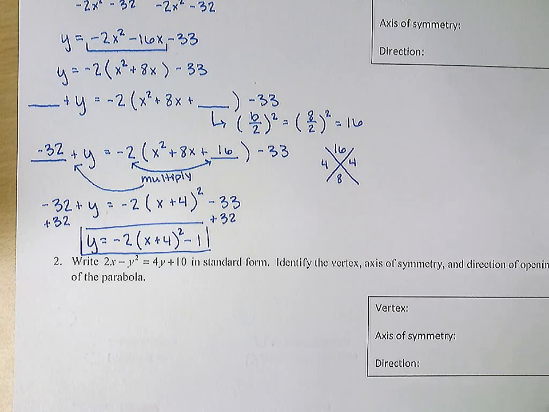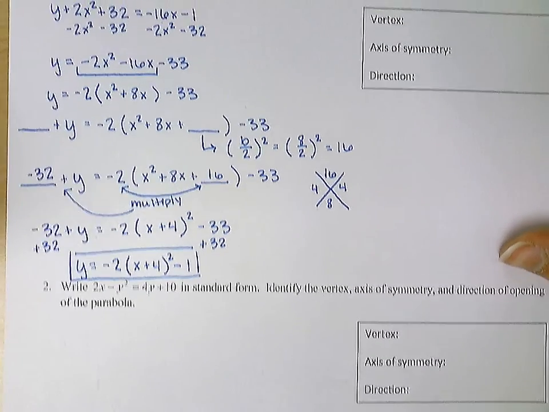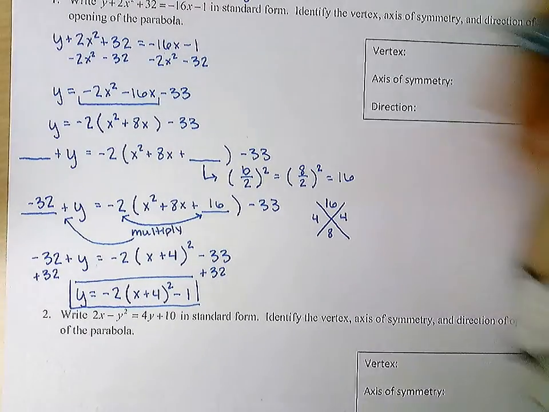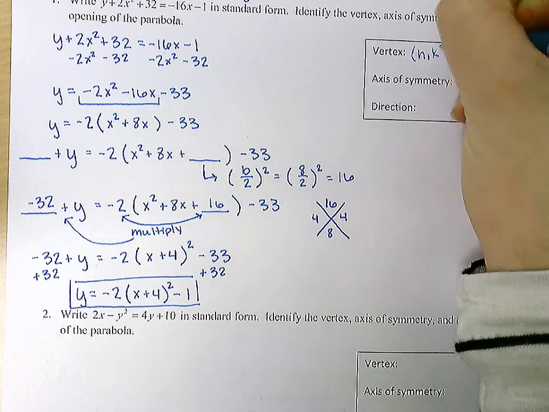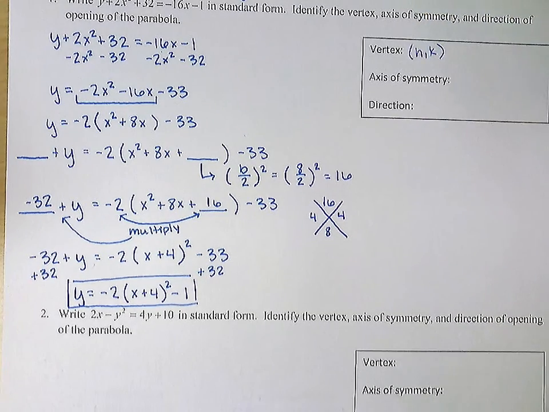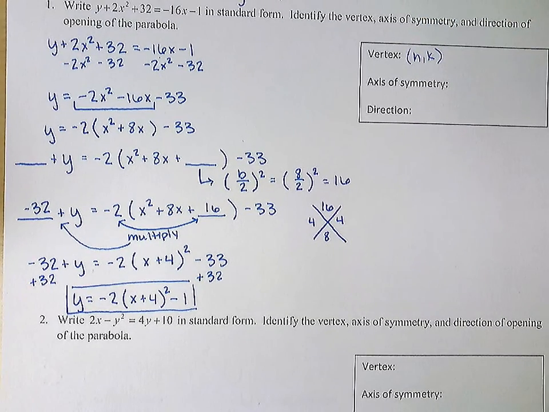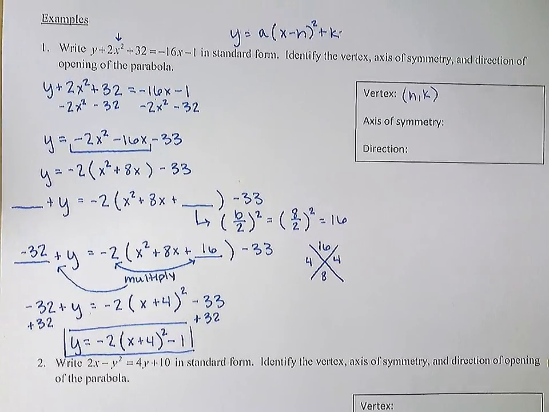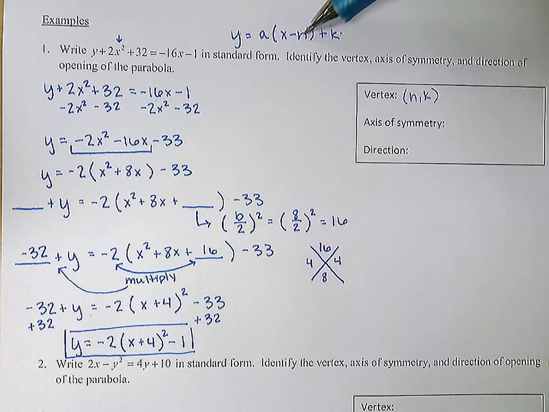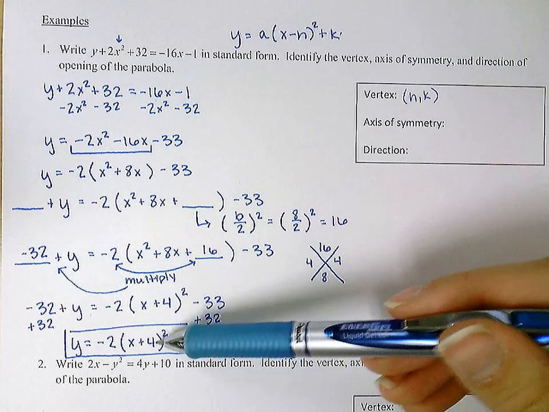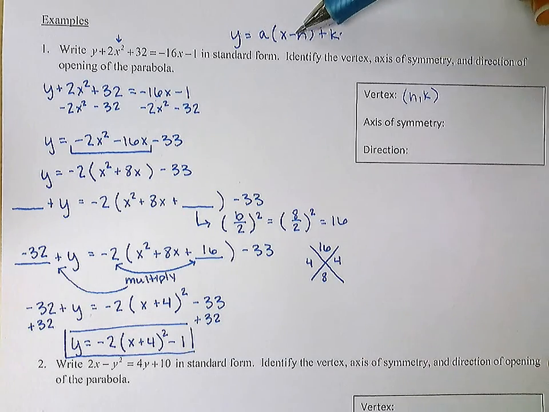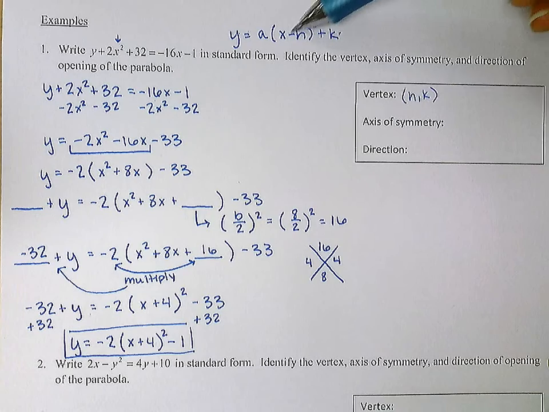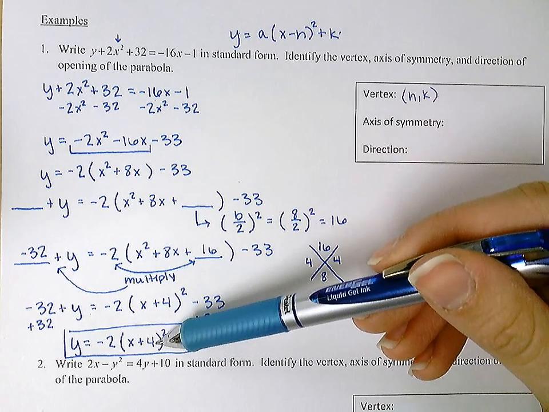Your vertex for this parabola is at (h, k). I'm going to move it down just a little bit here so we can see the standard form. h is inside of the parentheses, but notice this is positive 4, so you're taking the opposite of your h value.